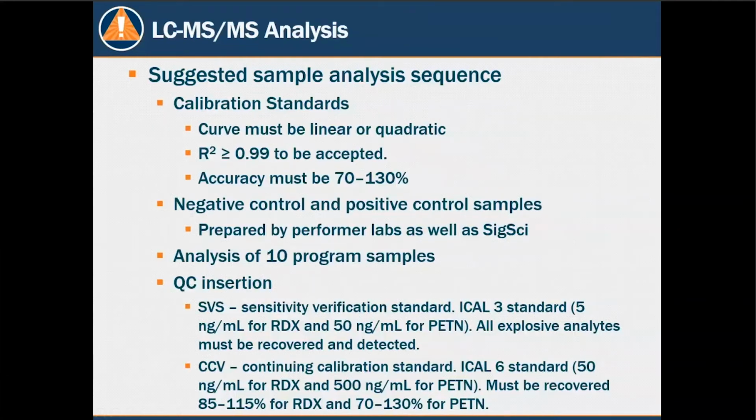That would be negative control samples, blanks that were prepared either by the laboratory that sent us the samples or prepared at Signature Science, and any positive control samples that were prepared either at the Performer Lab or at Signature Science.